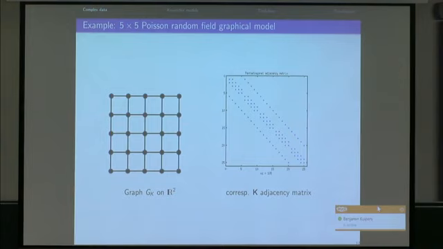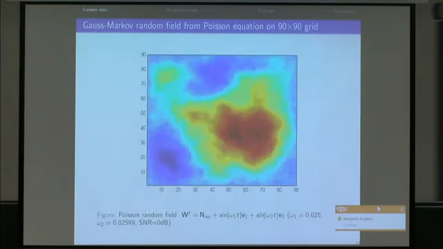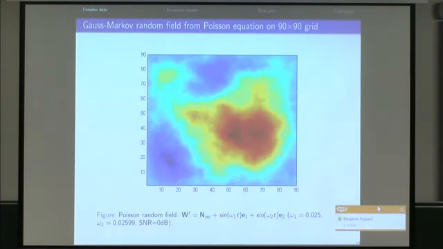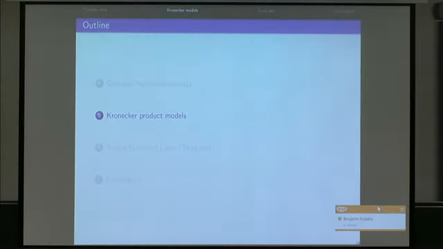Okay, that may or may not be convincing to you that this is a universal property, but it has certainly been observed in many applications that the inverse covariance tends to be more sparse than the covariance. And this is just a realization from this Poisson random field. All right, so that said, we're going to be modeling the inverse covariance.